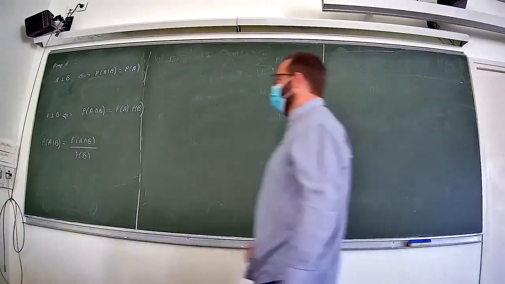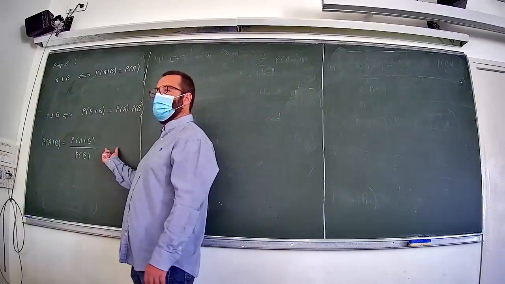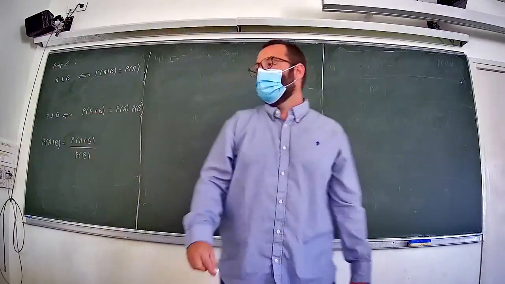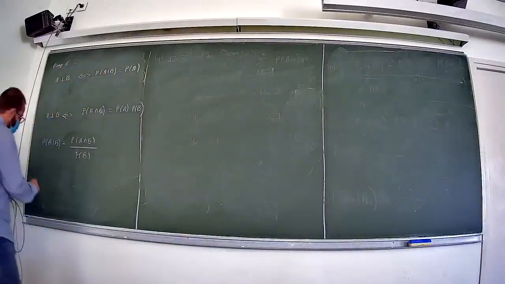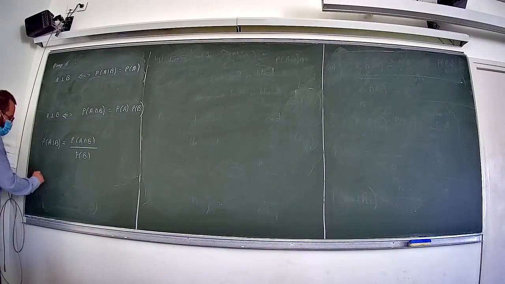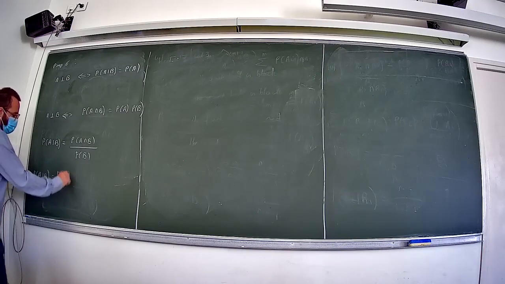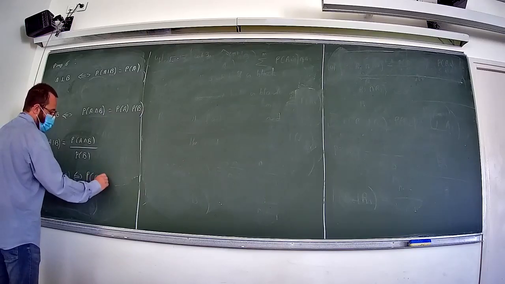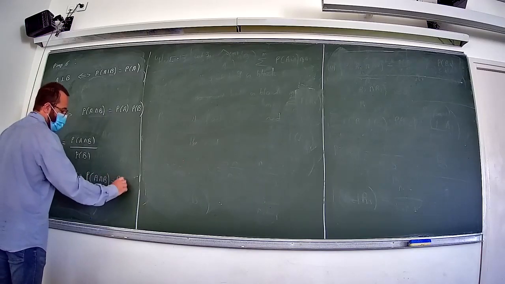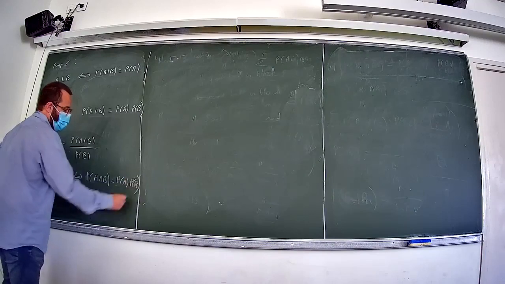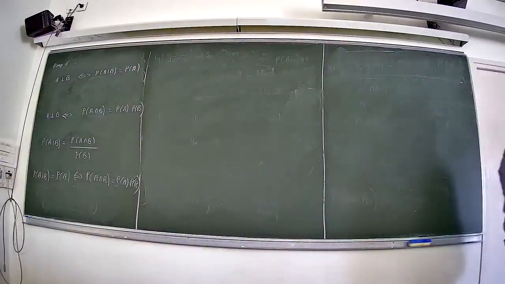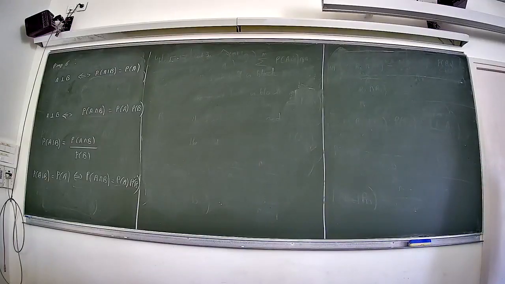And in the converse, if this one is equal to P of A, the probability of the intersection is equal to the product of the probabilities. So in other words, P of A given B equal to P of A is equivalent to the fact that P of A intersected with B is equal to P of A times P of B. So independence and the fact that the conditional probability is none other than the probability itself are equivalent.